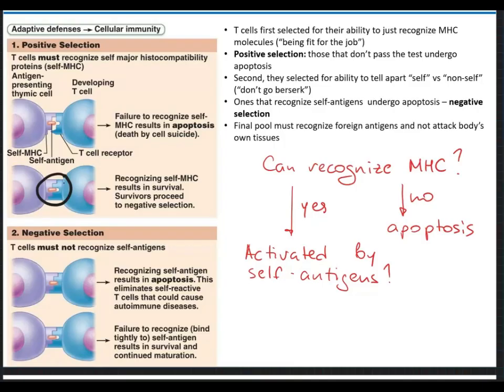If the answer is yes, that's autoimmunity. You want to kill those. So if the answer is yes, apoptosis. If the answer is no, they move to lymphoid tissue. Does the logic make sense?